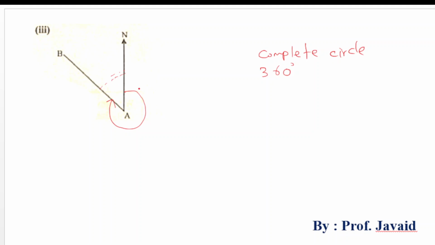With the other method, you move the line like this. So this is 180, and the other part we will find with the help of the protractor. So we can use the two methods. Whichever method you feel is easy, you can use that method.